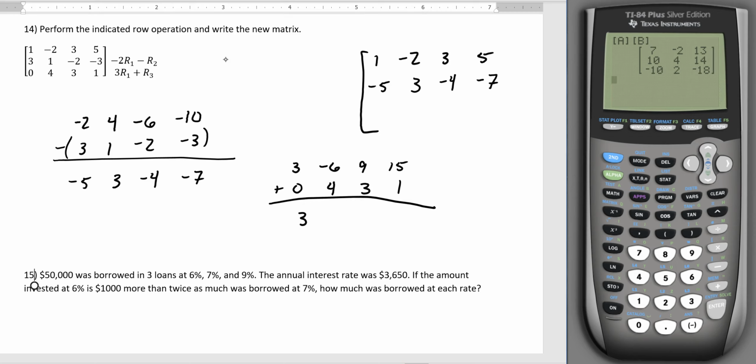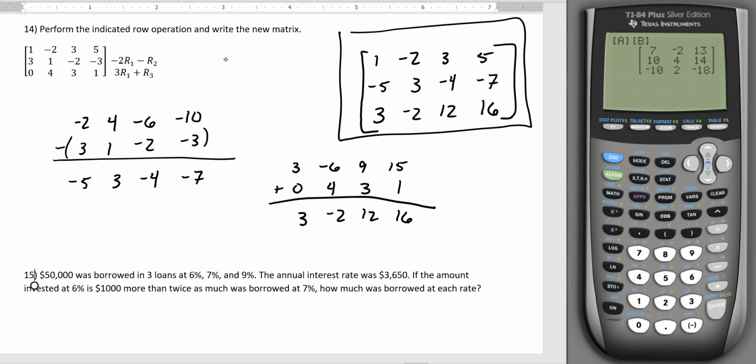So 3 plus 0 is 3, negative 6 plus 4 is negative 2, 9 plus 3 is 12, 15 plus 1 is 16. So I would have 3, negative 2, 12, 16. Beautiful. There we go. So that right here is my final answer with those row operations.